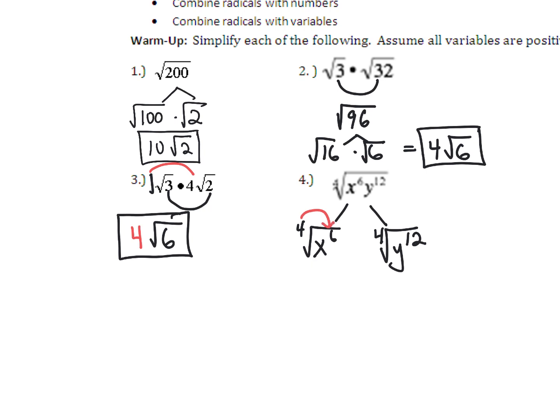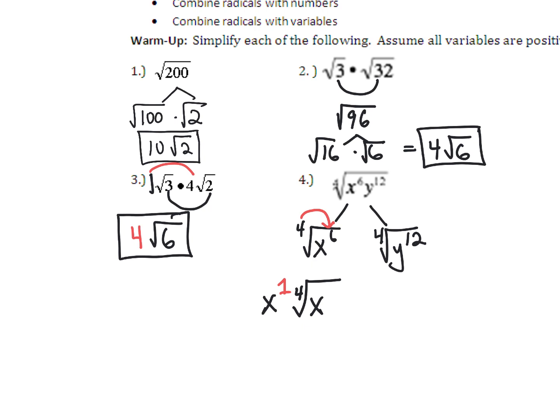Once, so x to the first comes out. I didn't even see the 4. Yeah, so we have an index of 4 in that one. So 4 goes into 6 one time, and then there's 2 left over.